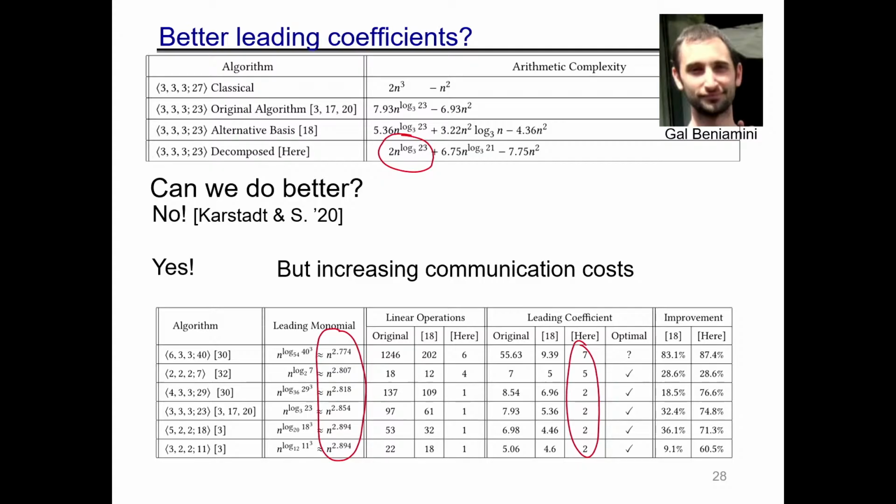Yes. So the 6.75 and the log base 3 of 21. So it's not quasi-linear, it's actual additional polynomial cost with lower exponents than the original algorithm, but still significant. That's a cost.